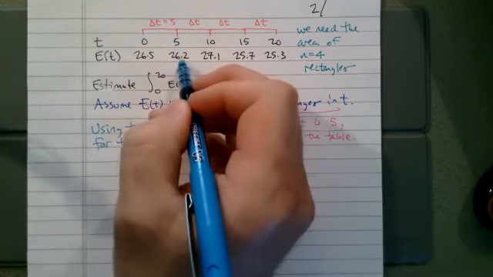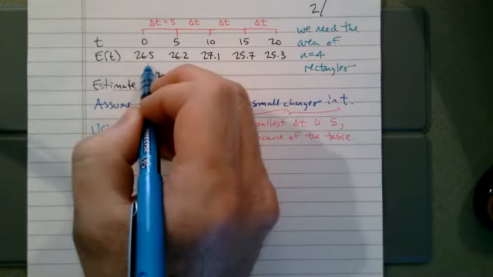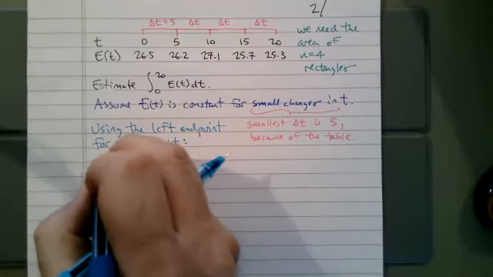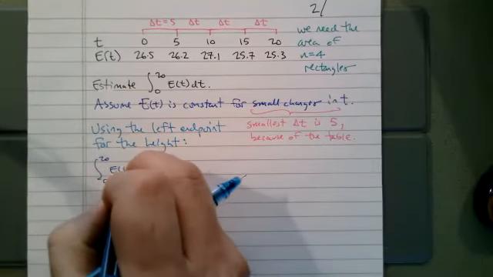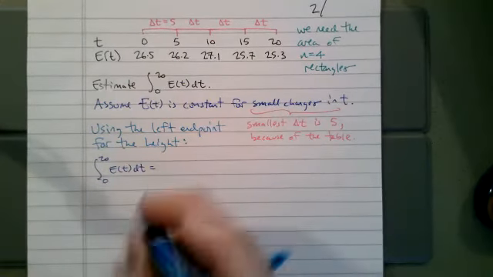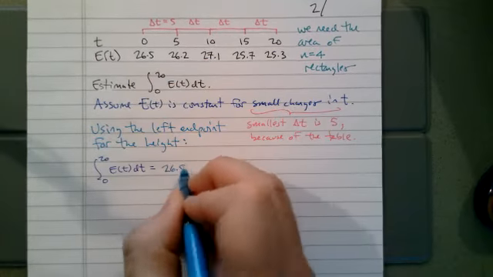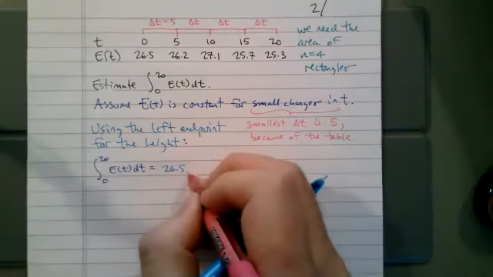So this first rectangle has a left endpoint of 26.5 and a delta t of 5. So we're estimating the integral from 0 to 20 of e of t dt. We're going to take the 26.5 and multiply that by 5.